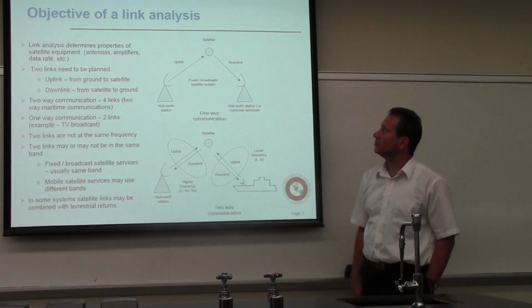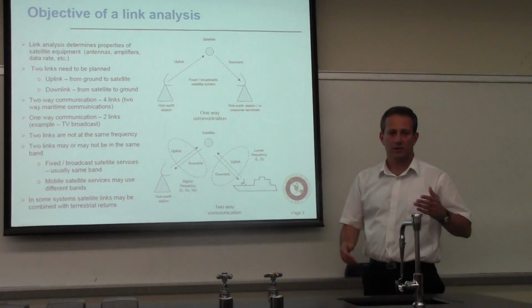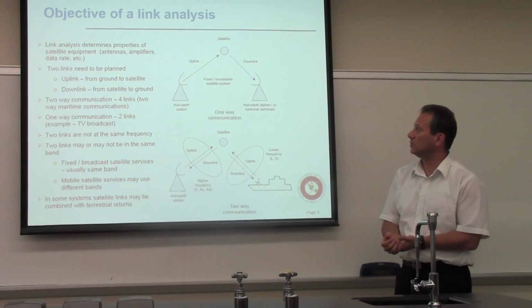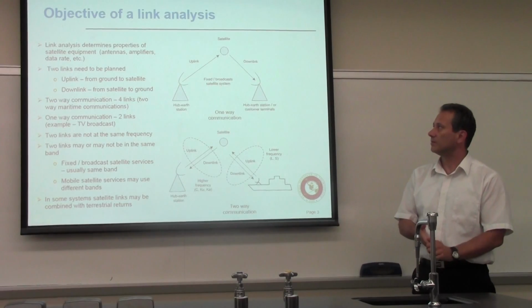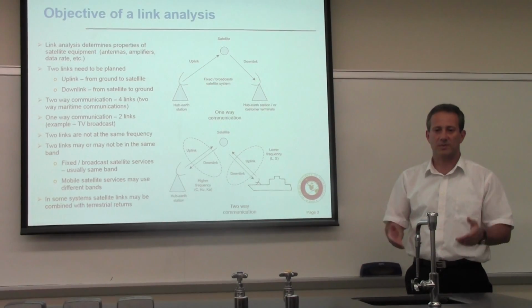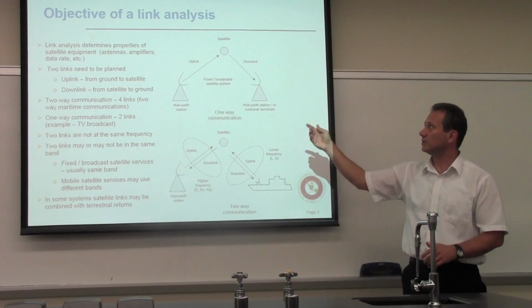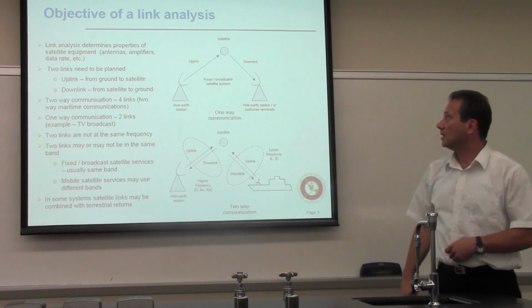So you have, as I said, two links. What you, as a link design engineer, are expected to do is to dimension these two links so that you meet performance specifications, and that the two transmitters and two endpoints remain connected over a certain period of time.